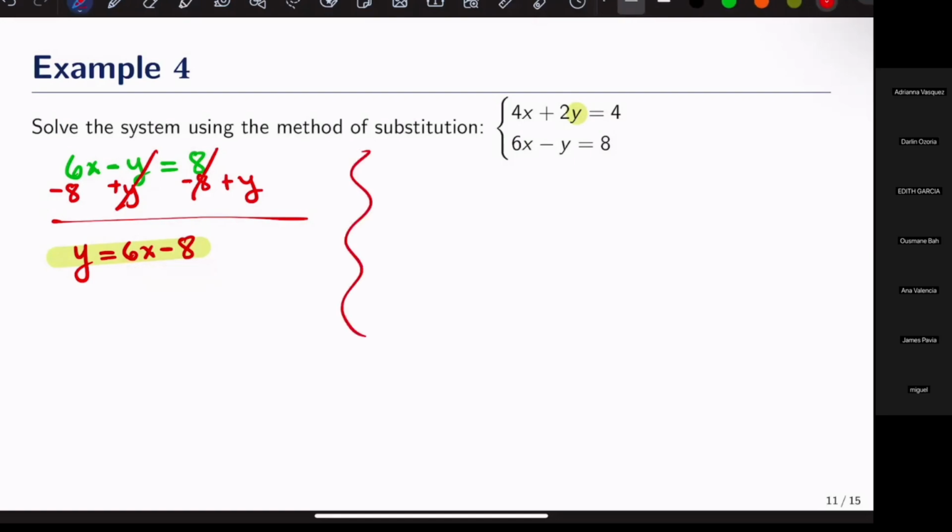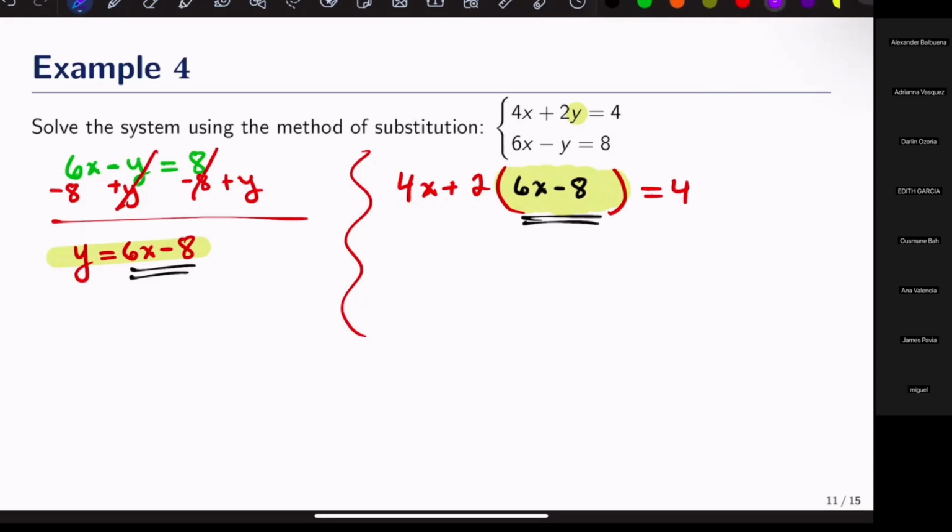So we have 4x plus 2, so big giant parentheses, this is equal to 4. And inside these parentheses, you are going to fit in your whole 6x minus 8. Once again, we'll be utilizing some distributive property, inverse operations in order to simplify and solve for our value of x.